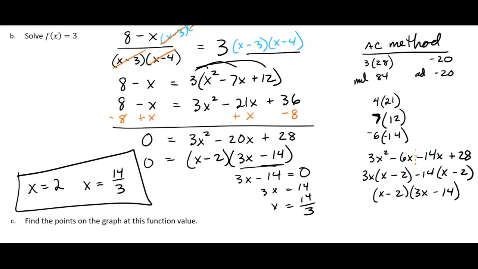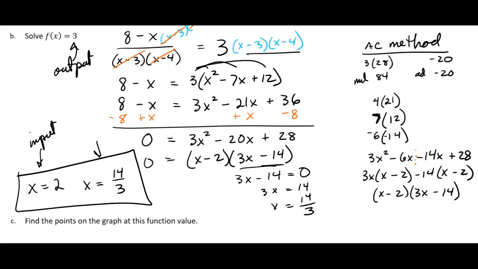Now, what does all that mean in the world of functions? It means that if you plug in a 2 for x into the original function, you're going to get out a 3. So this is like the input, and this is like the output. They told us the output this time, and we had to figure out the input.